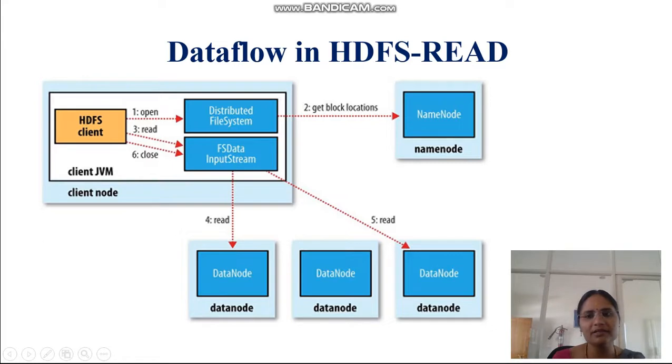That IP address is retrieved through the name node, so the name node is contacted by DFS. Once that IP address is retrieved, the client invokes the input stream read function. Using that read function, the client retrieves the data from that particular data node. This is about the read operation of HDFS.